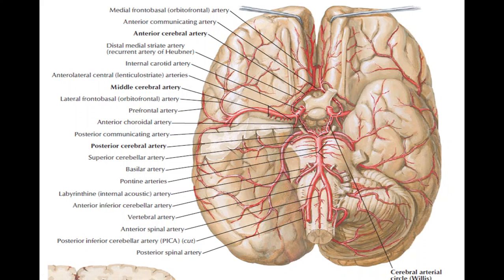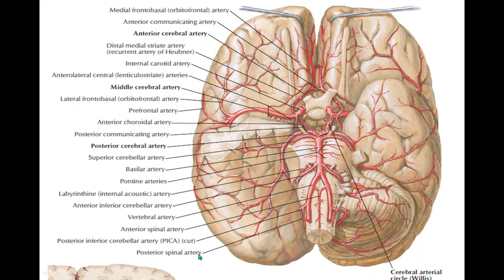The first branch from the vertebral artery after passing through the foramen magnum is the posterior spinal arteries. Usually the posterior spinal arteries arise from the posterior inferior cerebellar artery, but sometimes they may arise from the vertebral arteries. When they arise from the vertebral artery, we say the posterior spinal artery is the first branch.